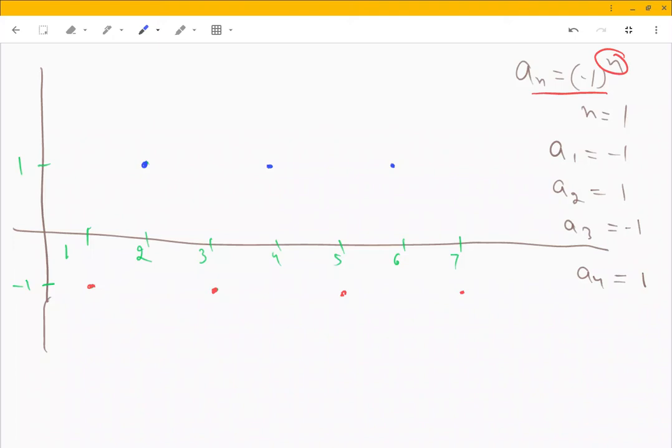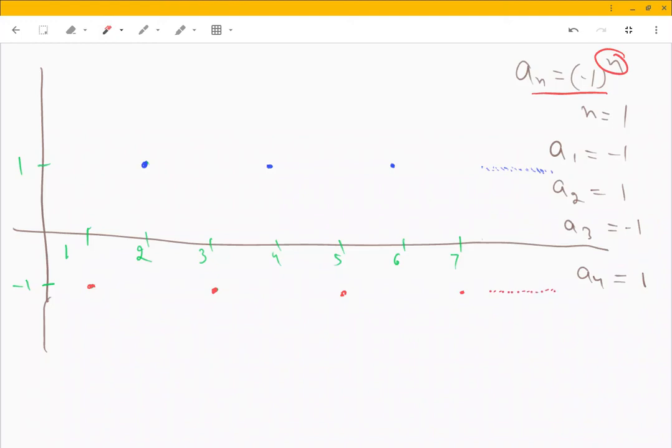As we approach infinity, we can observe that the even terms will give the value 1, and the odd terms will give us the value negative 1.